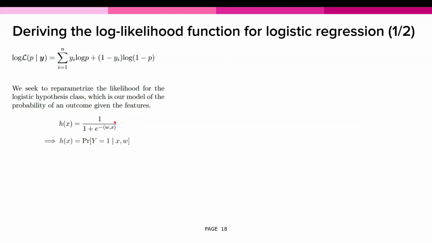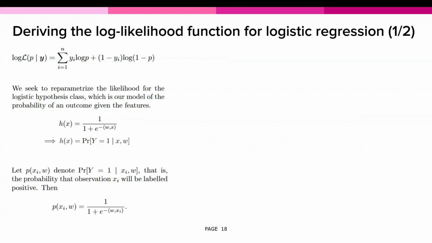Let's denote the output of our model associated with a particular feature vector xi as small p of xi and w. And then we can substitute this into the Bernoulli log likelihood to obtain a new log likelihood function that depends on the parameter vector.